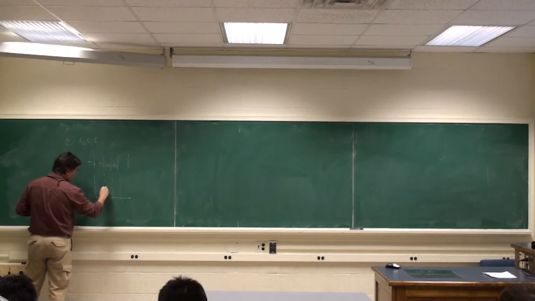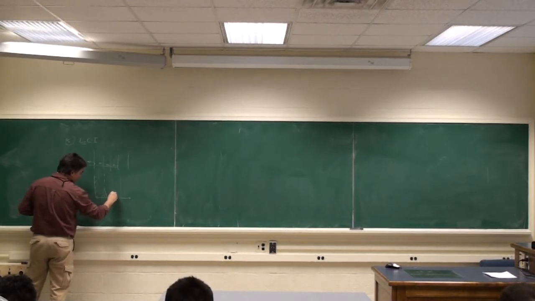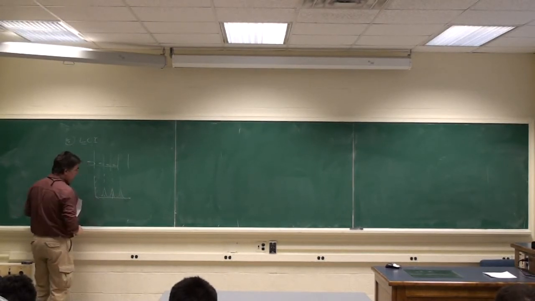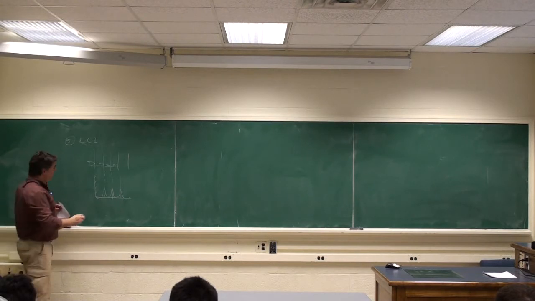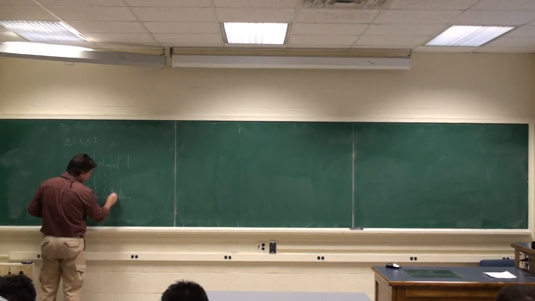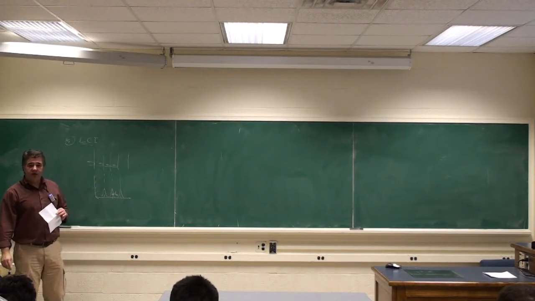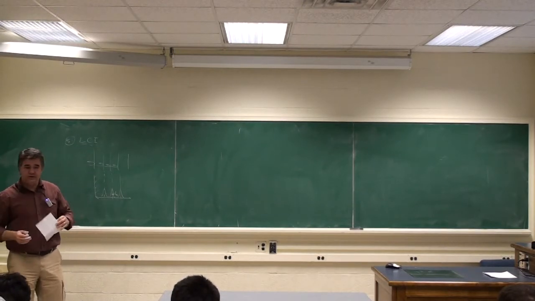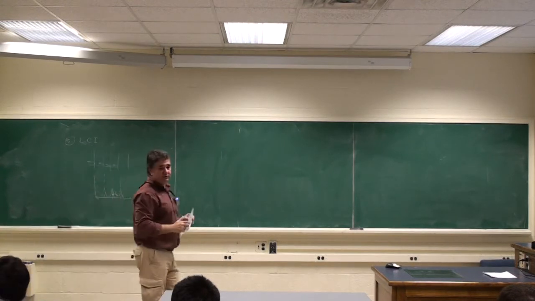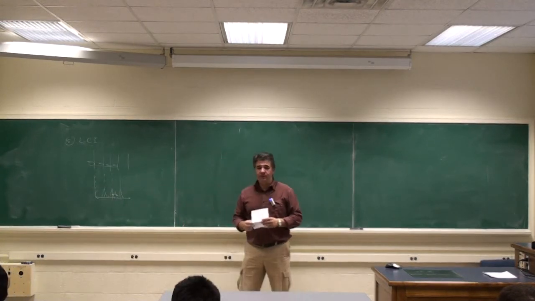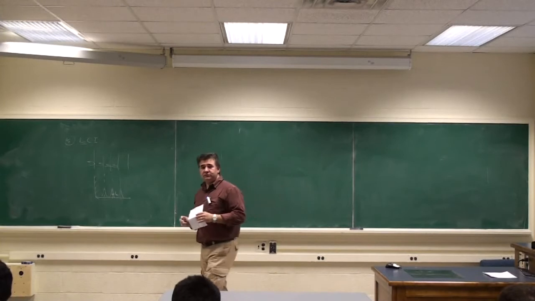The resolution with which I can resolve those surfaces is exactly given by the coherence length. So that's why for high longitudinal resolution LCI, you want low temporal coherence, meaning broad bandwidth sources.